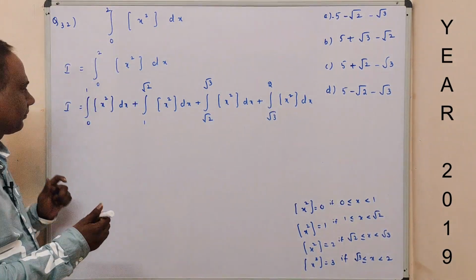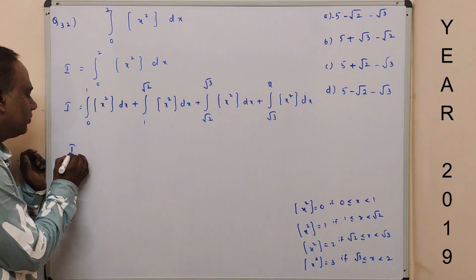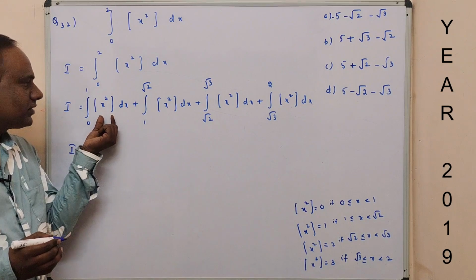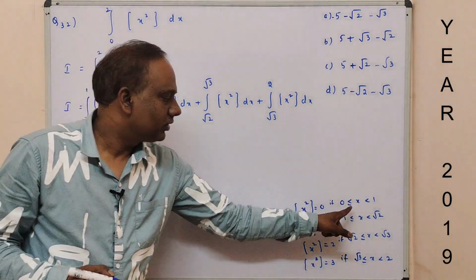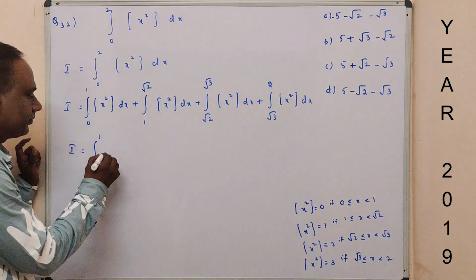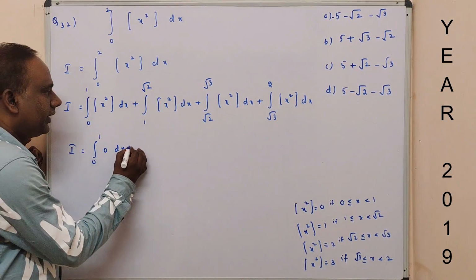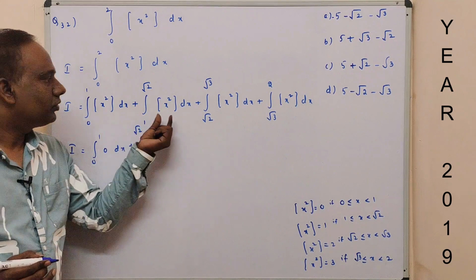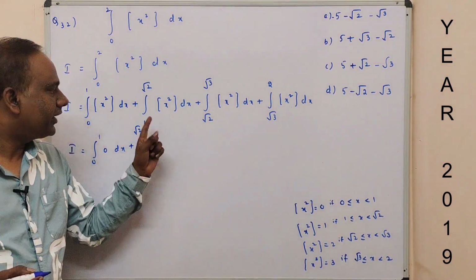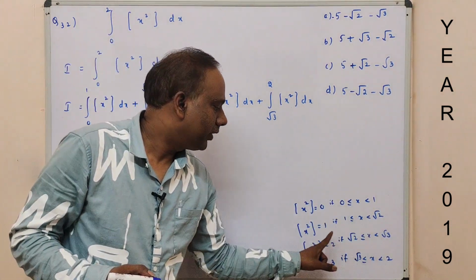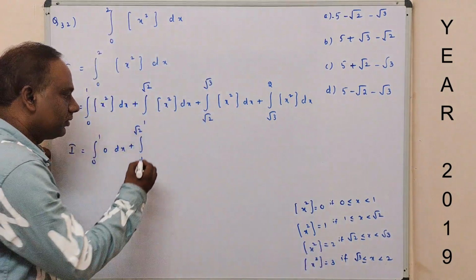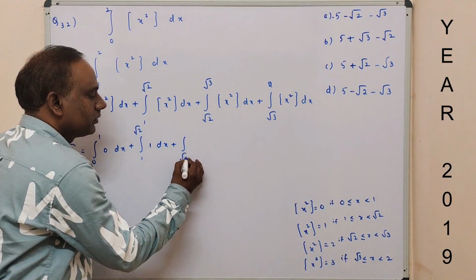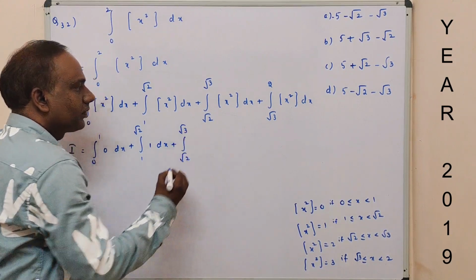So here now we can substitute the values. Integration 0 to 1, the step function of x square in between 0 to 1, this value is 0 into dx, plus 1 to root 2. The step function of x square in between 1 to root 2 is 1, so 1 into dx, plus root 2 to root 3.